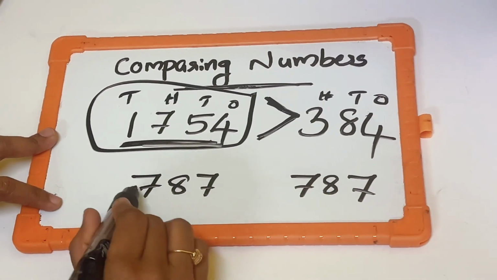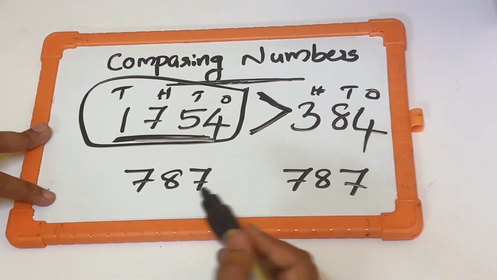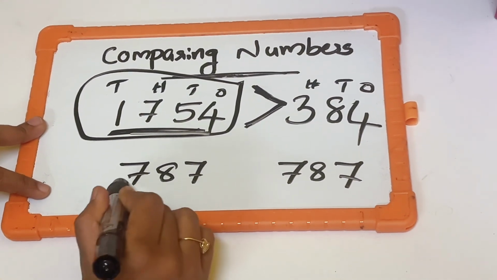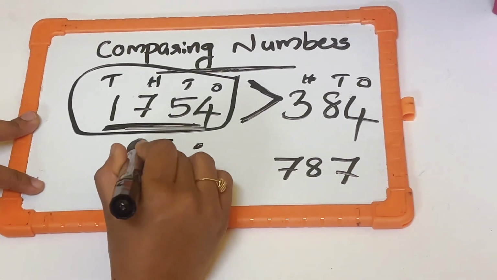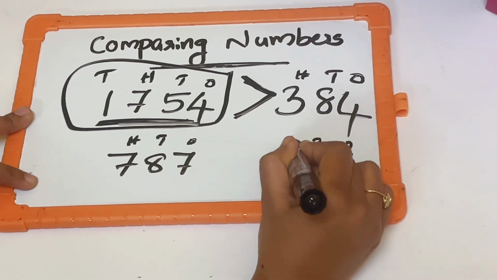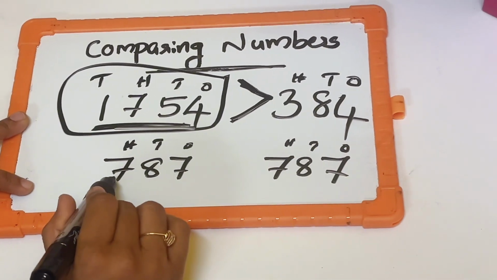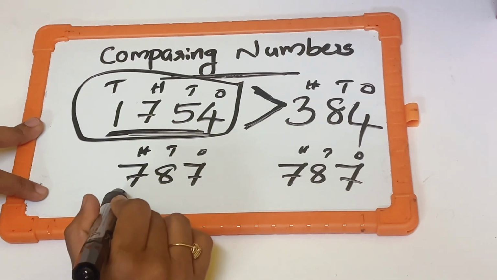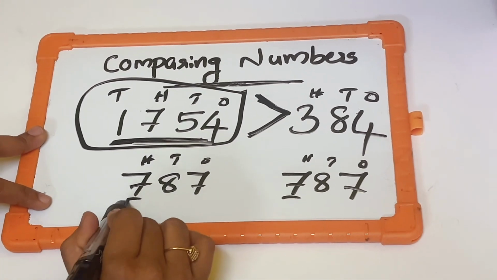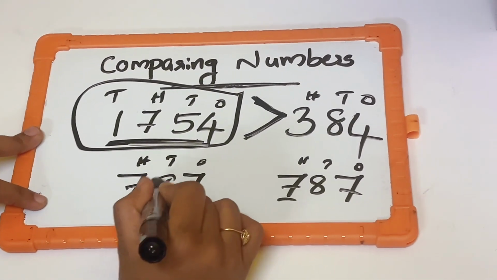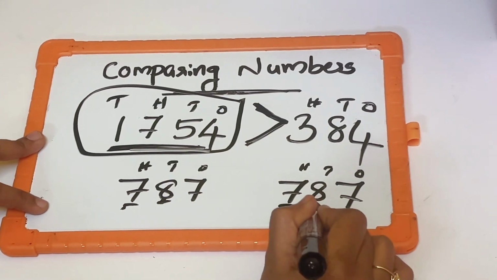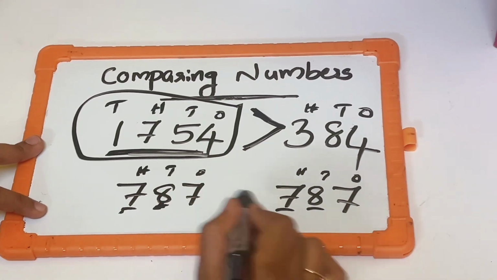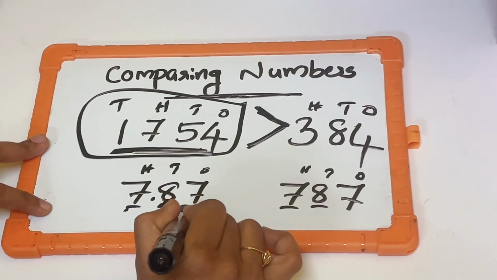Another one, 787 and 787. Here we check ones, tens and hundreds, ones, tens and hundreds. Comparing the hundreds position, 7 and 7 are both the same, so we move to the tens place. 8 and 8, both are the same, so again we move to the ones place.